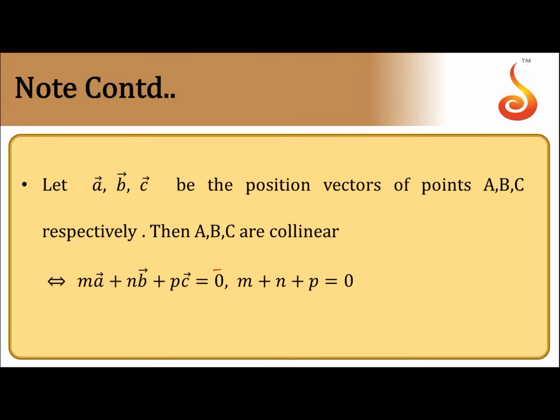Let me take up one condition: when point A, point B and point C are collinear, as I told you, the vector AB can be written as a scalar multiple of the vector AC.